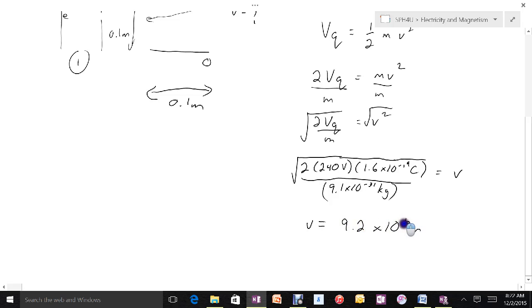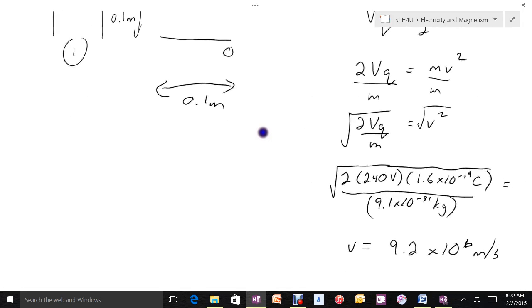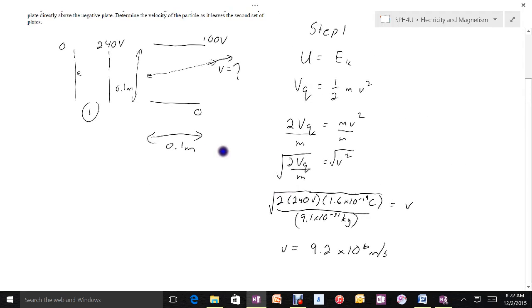I've rounded here, and I'm ignoring any sort of relativistic effects that might occur. So that's how fast that electron is going to leave those parallel plates.